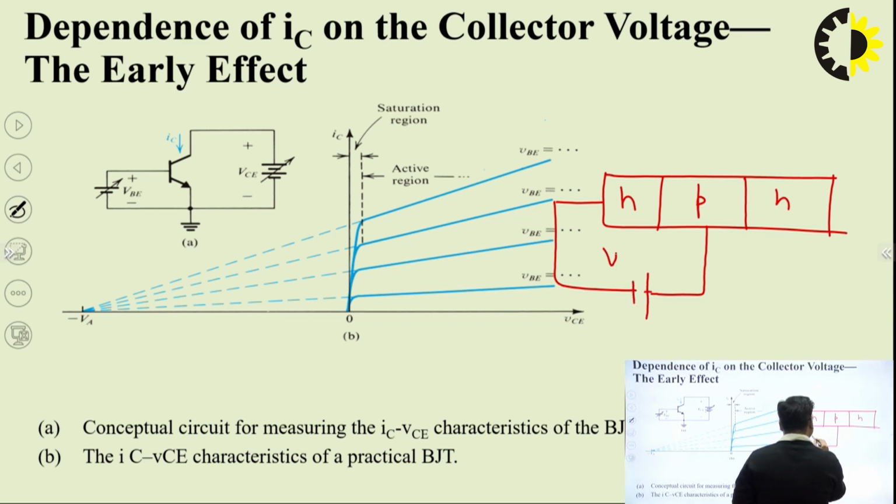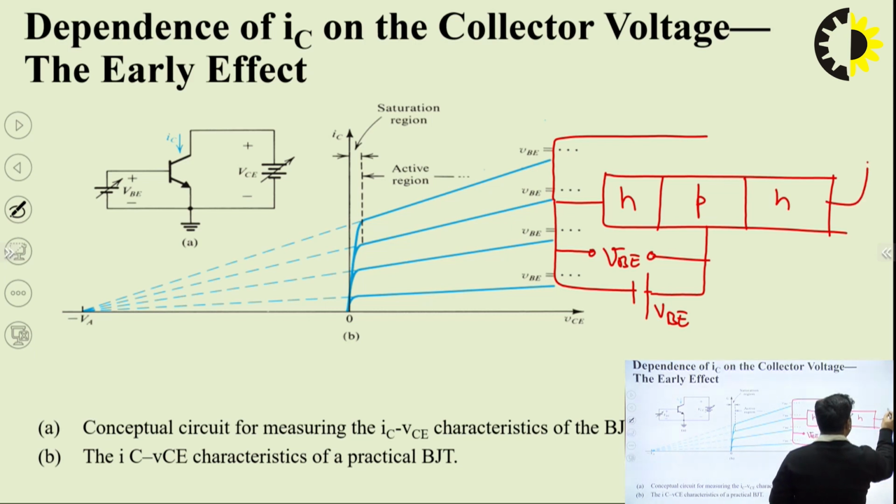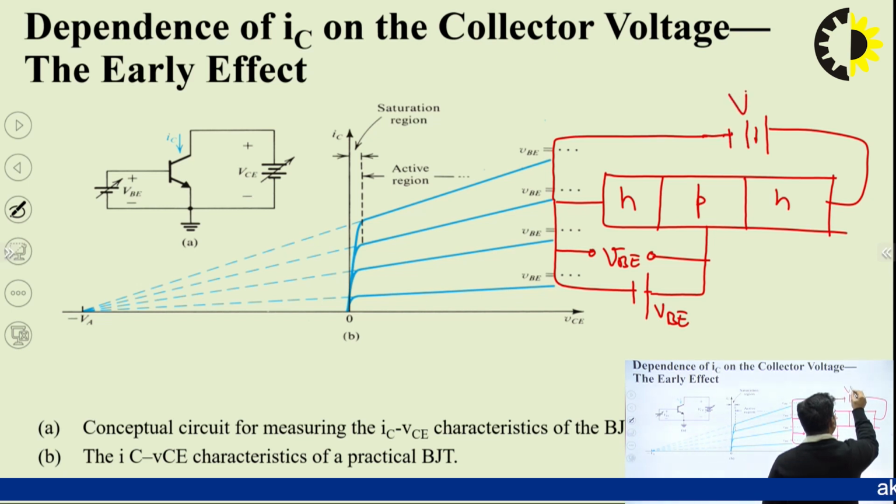This is VB, if AC is also applied, and this terminal, emitter, is common, and the collector is made reverse biased, VCB. Okay.